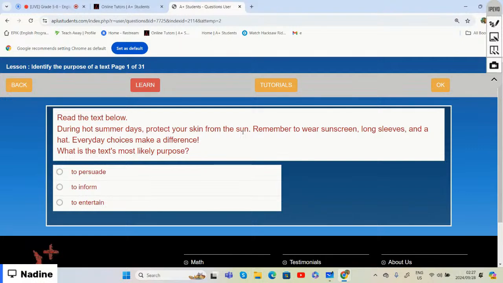It says, during hot summer days, protect your skin from the sun. Remember to wear sunscreen, long sleeves, and a hat. Everyday choices make a difference.